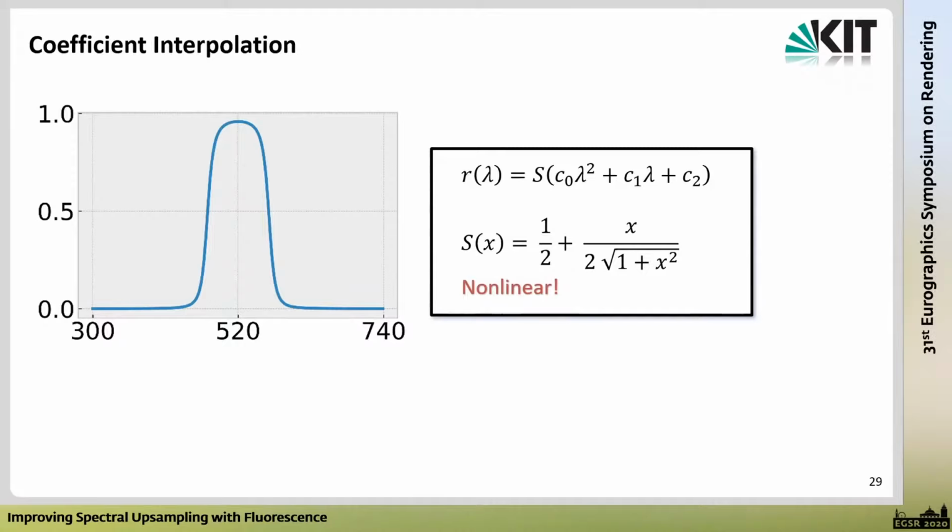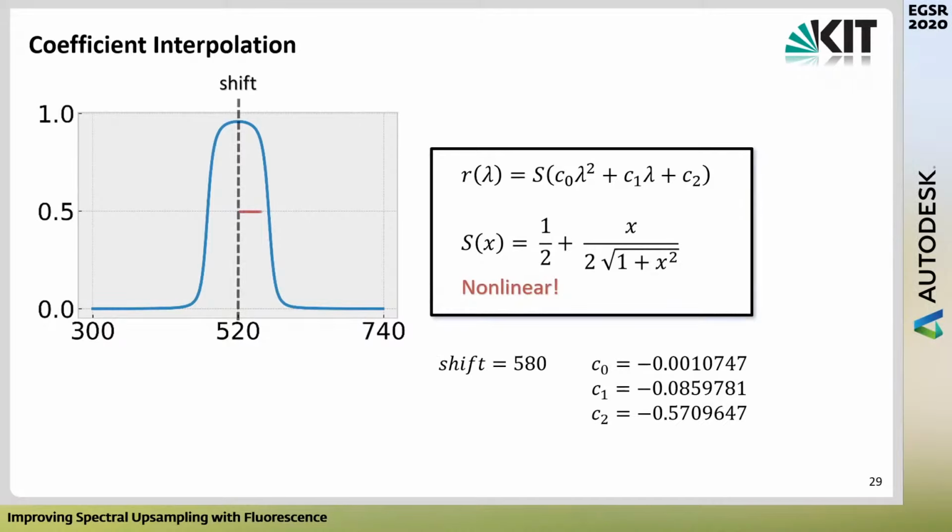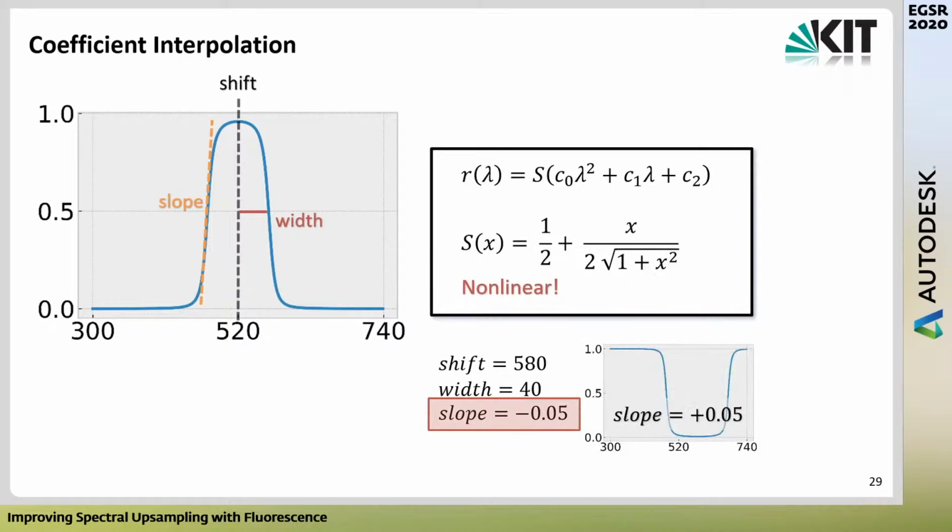So instead of defining the reflectance directly with these three parameters C0, C1 and C2, we define the spectrum in terms of the shift, which is the center of the spectrum, the width, which is the distance from the center to the point of the largest slope, and that largest slope itself, where we use the sign of the slope to represent U-shaped or N-shaped spectra. Now, you can already tell by looking at the coefficients what the corresponding spectrum looks like, and you can design spectra by hand much more easily.